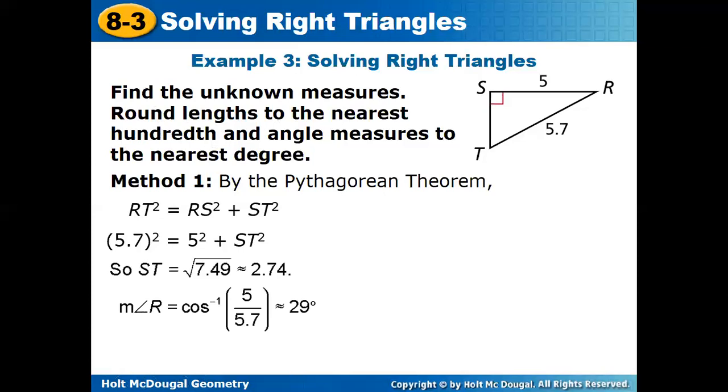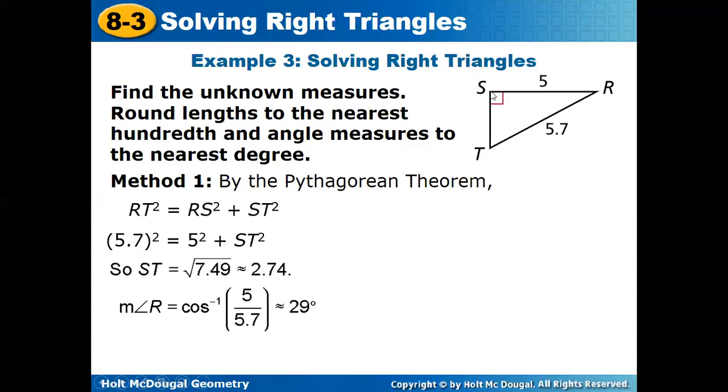Now, the second requirement is to find the measure of the angle. We learned in this lesson that to find the measure of an angle, we can use the inverse function. Look at the given triangle again. You know the hypotenuse, which is 5.7, and another side.